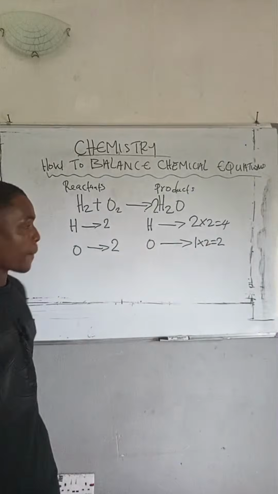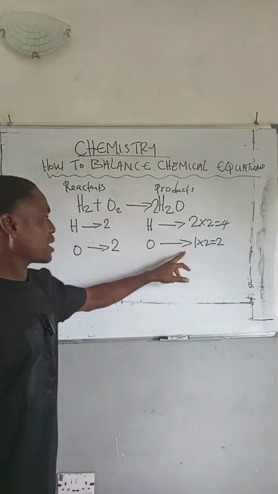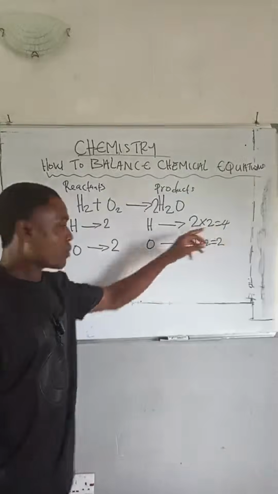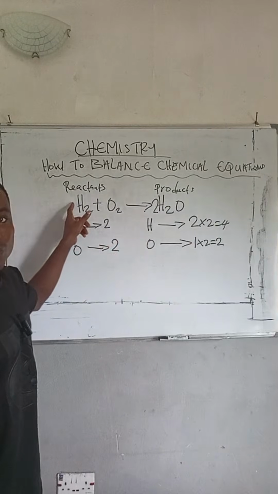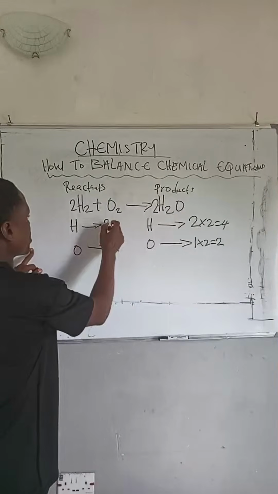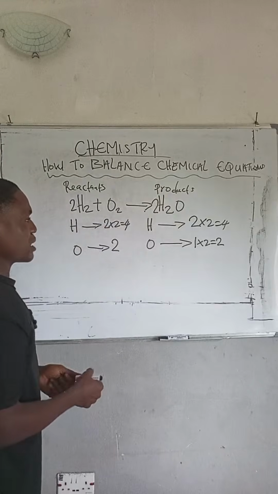Are you getting it? But you will notice that oxygen is balanced, but hydrogen is no longer balanced. Here is 4, while here is what? 2. So let's come to this side. What are we going to do now? Let's introduce 2 here. So that will now give us what? 4. So this is how to balance a chemical equation.